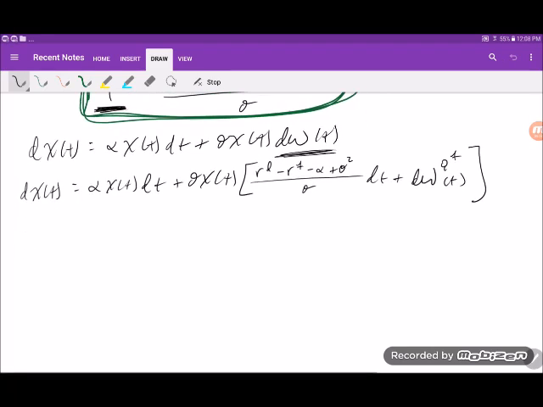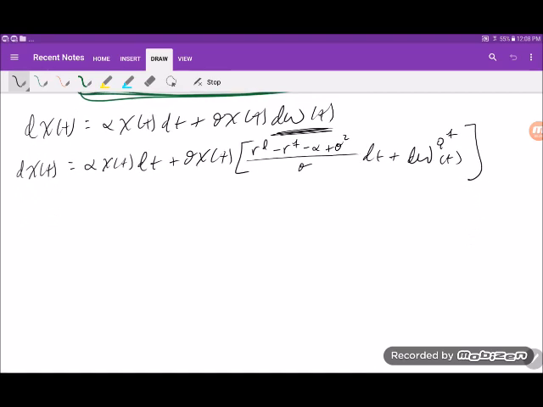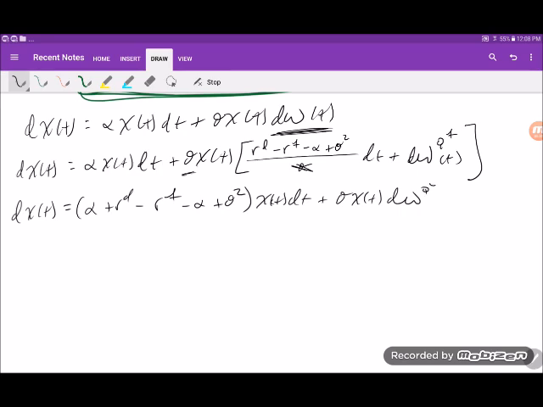So with that, we will simplify everything and finally get that dx is equal to, obviously again this cancels with this one, so we just get alpha plus rd minus rf minus alpha plus sigma squared x t dt plus sigma x t, and then we have our new QF increment.